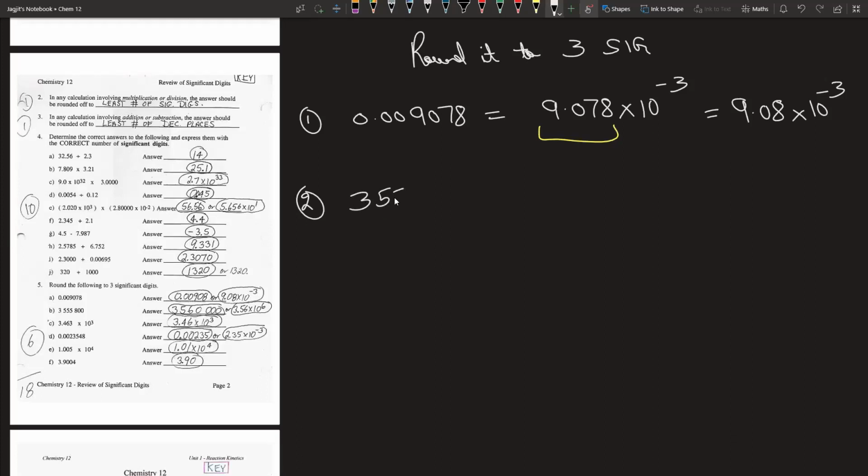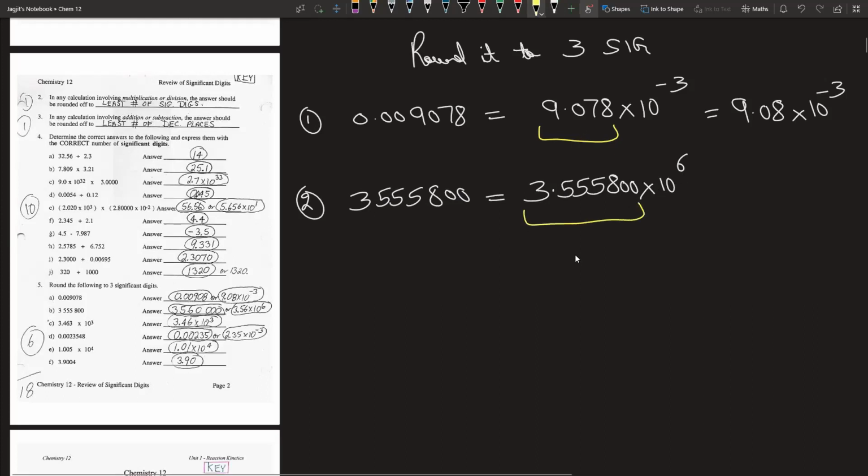What if I had given you 3,555,800? First you want to write this in scientific notation. So put the decimal after the first number, 3.555800 times 10 to the power. Right now my decimal's here, 1, 2, 3, 4, 5, 6. But right now I have way too many sig figs. We have 1, 2, 3, 4, 5, 6, 7 sig figs.